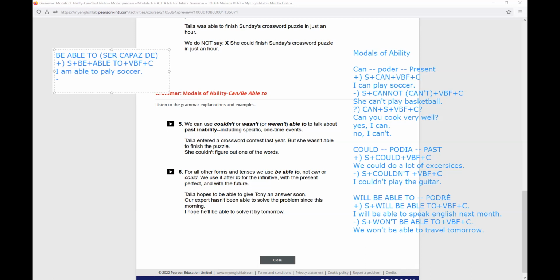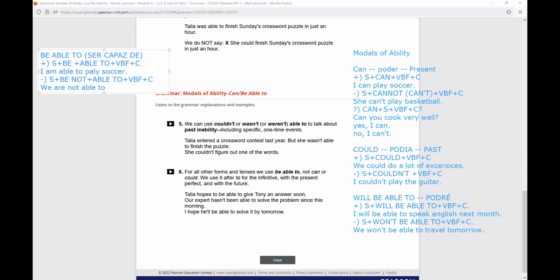The negative, it's only to put, for example, with not, okay. We're gonna put this with not, be not able to.